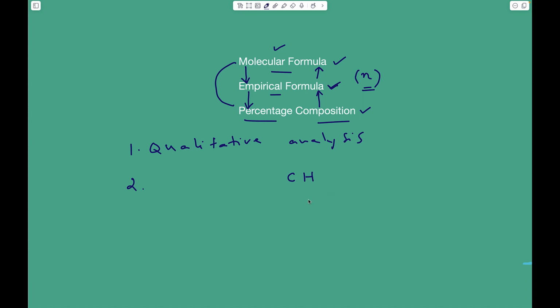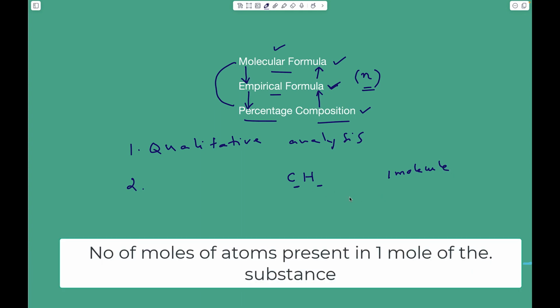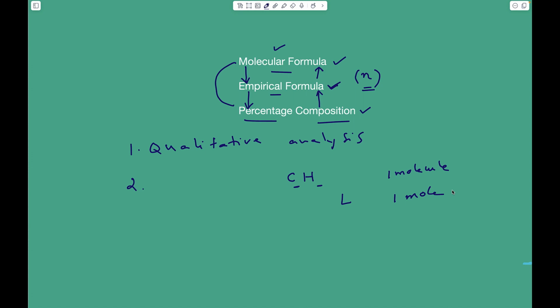What else do you need to know? You need to know the values of the subscripts that must be placed next to these symbols. Now, how do we figure out these subscripts? Actually, what do these subscripts indicate? They represent the actual number of atoms of different elements present in one molecule of that compound, and they also represent the number of moles of different elements present in one mole of that substance.